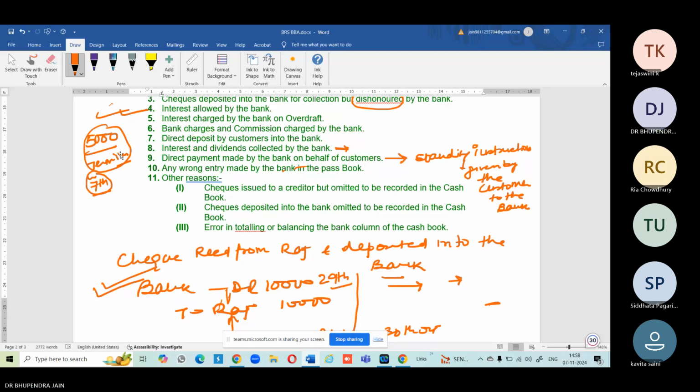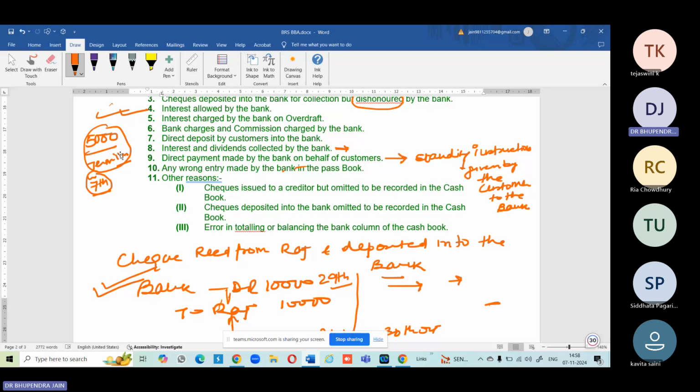Number third, error in totaling or balance in the bank column of the cash book. Whenever you post the amount in the books of account in the cash book, you transferred the wrong amount, or at the time of balancing, we have already discussed how to balance the ledger in the last to last class.